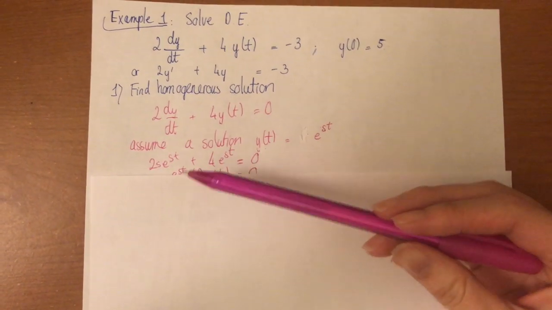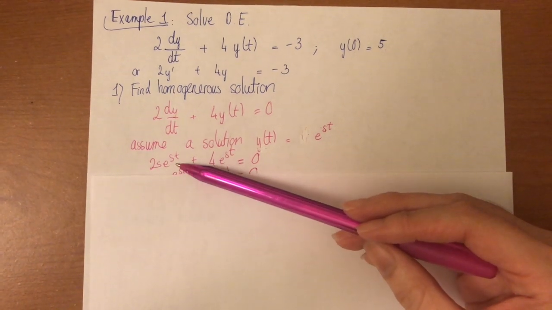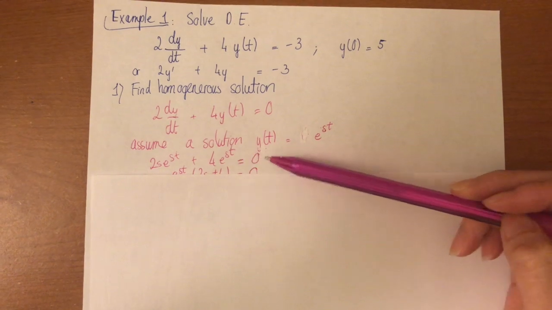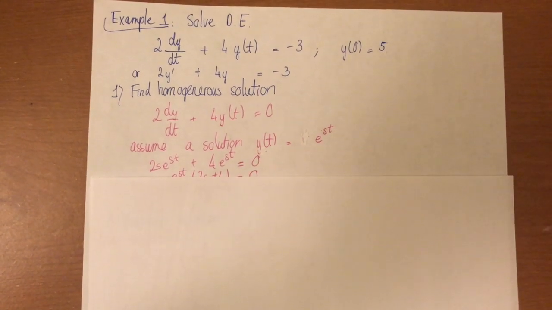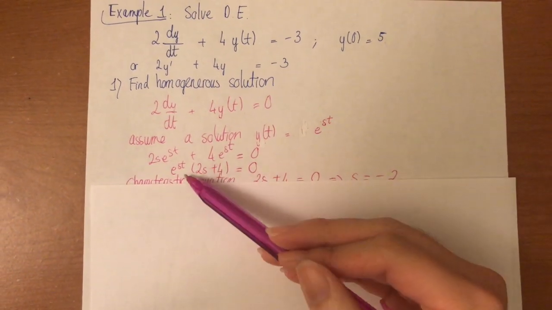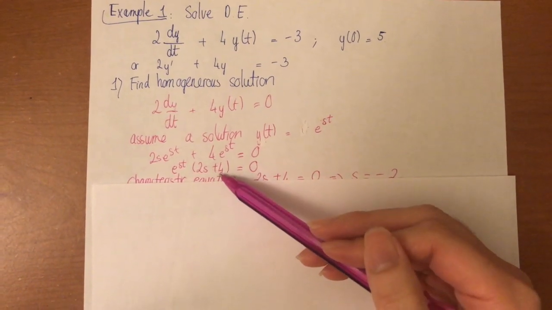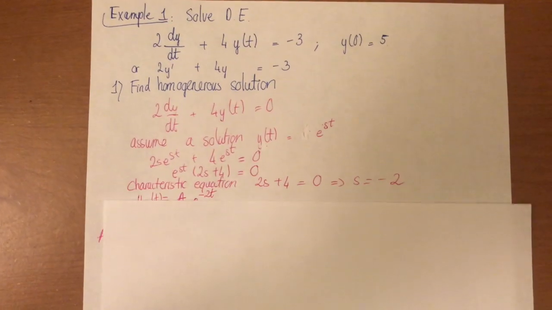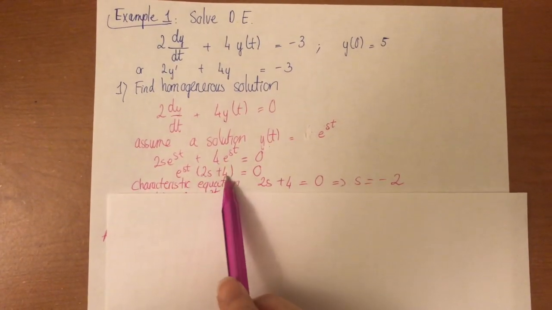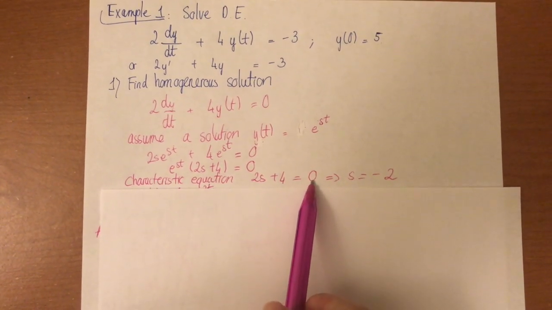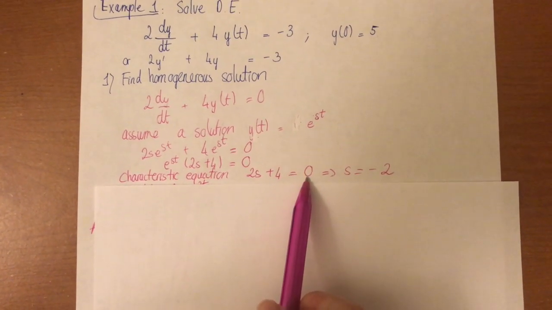We get 2s e to the st, because this is the derivative, plus 4 e to the st equal to 0. Then we combine and get e to the st times (2s plus 4) equals 0. We call 2s plus 4 equals 0 the characteristic equation.